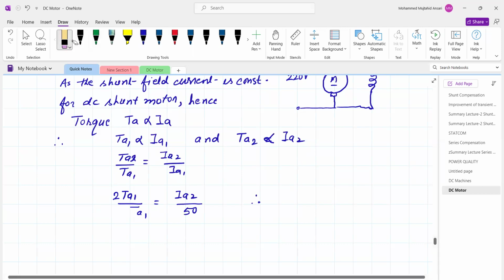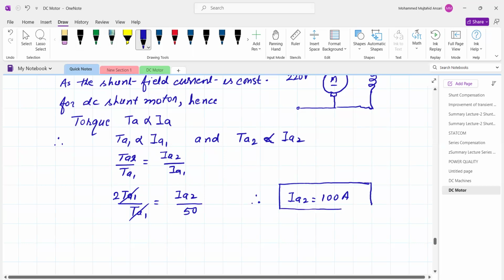So TA1 gets cancelled, and we get IA2 equal to 100 ampere. This is the current in the second case.